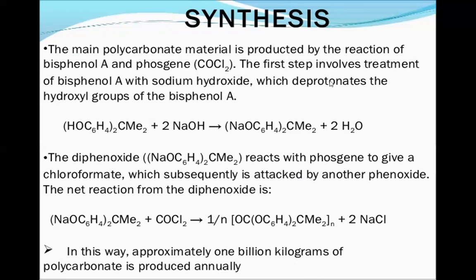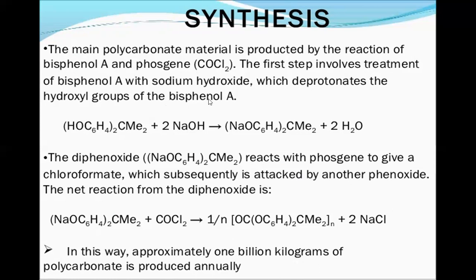The first step involves the treatment of the bisphenol with sodium hydroxide. This is a structure of bisphenol A, and it is made to react with the base, sodium hydroxide, which undergoes deprotonation. Deprotonation means removal of the proton from the hydroxyl group.